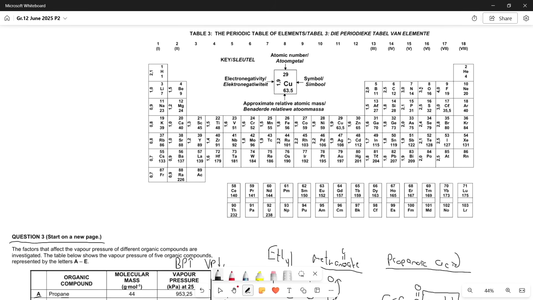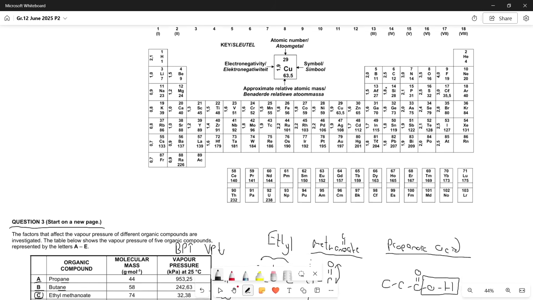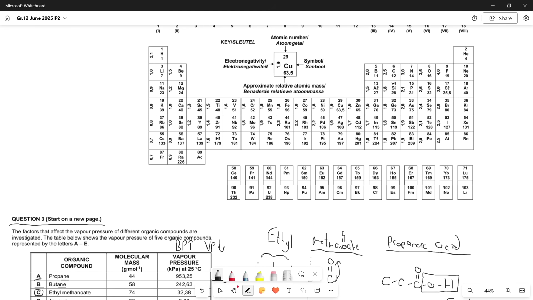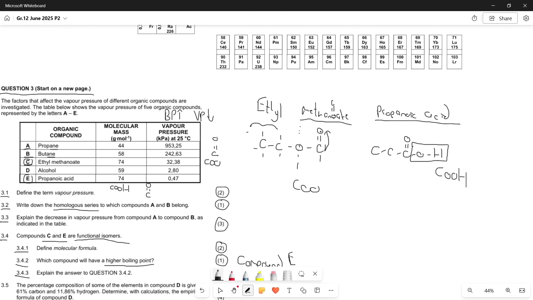C minus O, 3.5 minus 2.5 leaves us with 1, and anything from 0.5 to 1.4 is dipole-dipole. So these guys, because of the C's and the O's and no H's attached directly to the O, have dipole-dipole, because remember that a hydrogen bond is an H directly attached to an N, an O, or an F. And we cannot interpret this H and that O as a hydrogen bond.